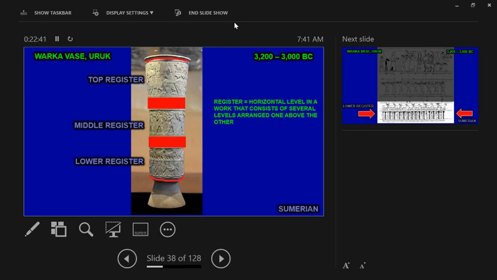Then there is this open space with no pictures. Then there are some people here. Then there's some open space, and there's some people up here. And then we have the top up here. All right. This set of pictures at the top is the top register. The one in the middle is the middle register. The one at the bottom is the lower register. So I'm going to be using this word register quite a few times this semester. And so when I talk about register, now you know what it means.